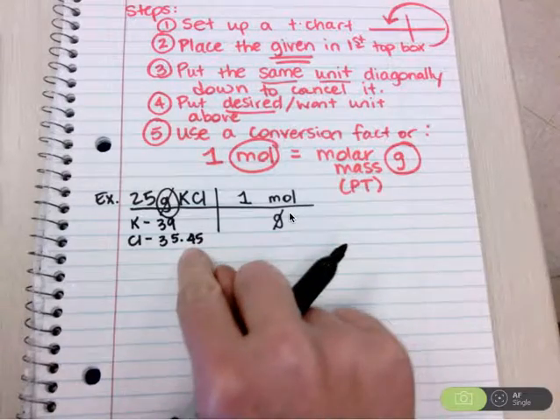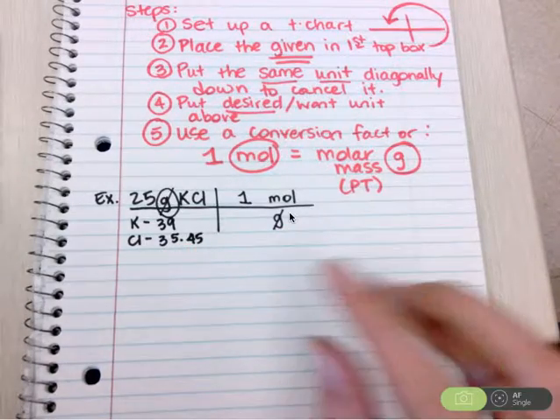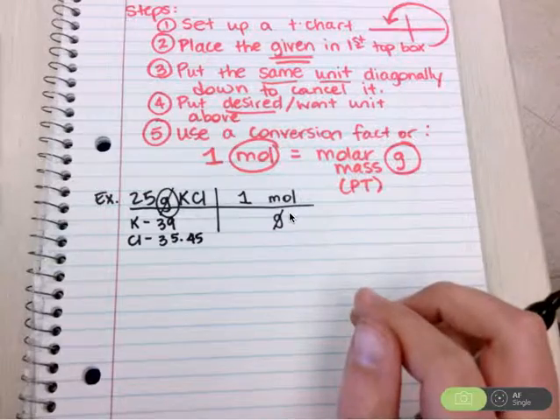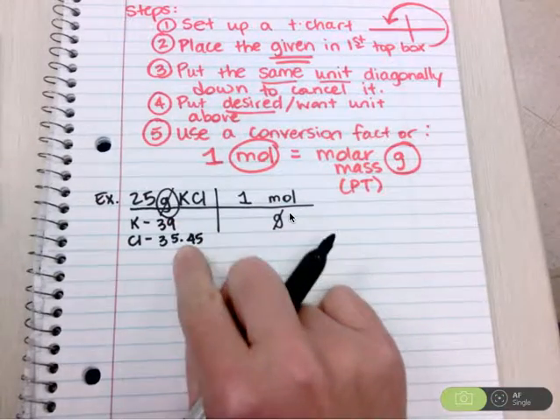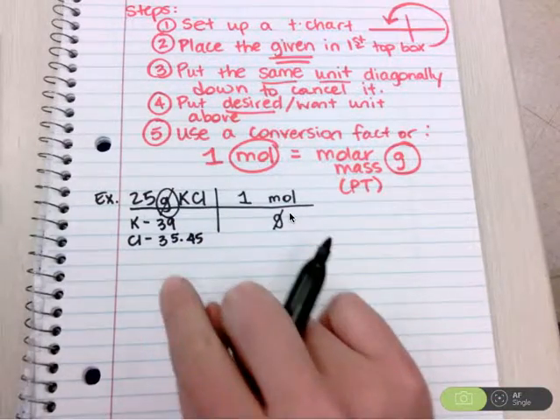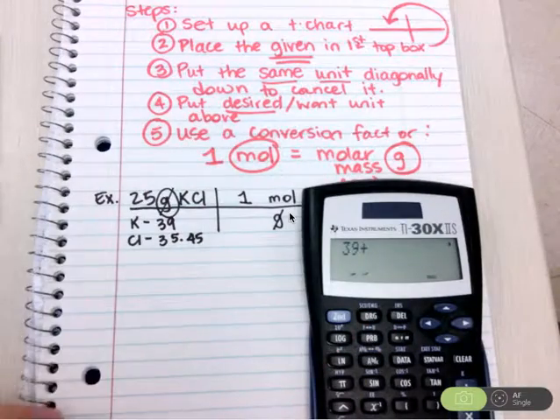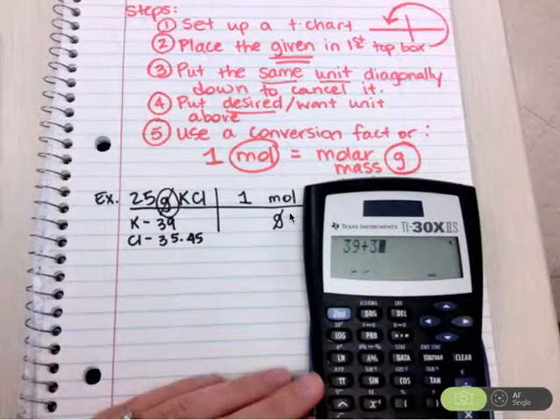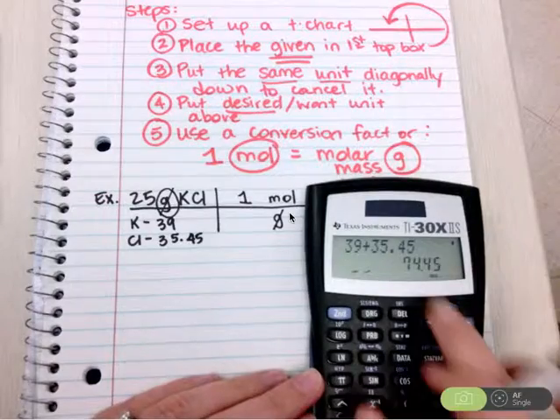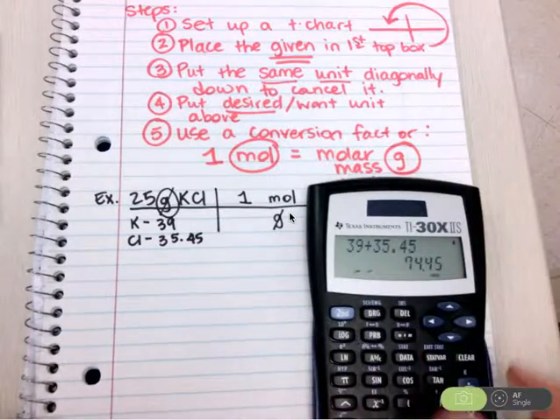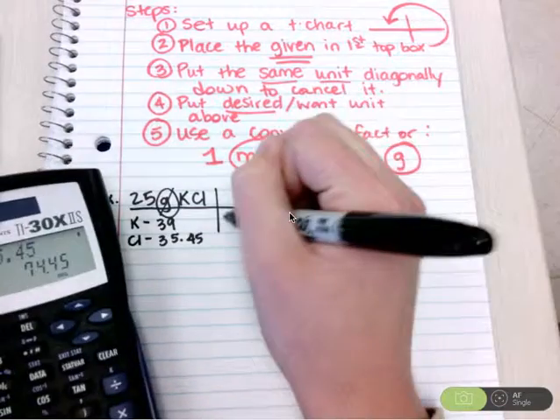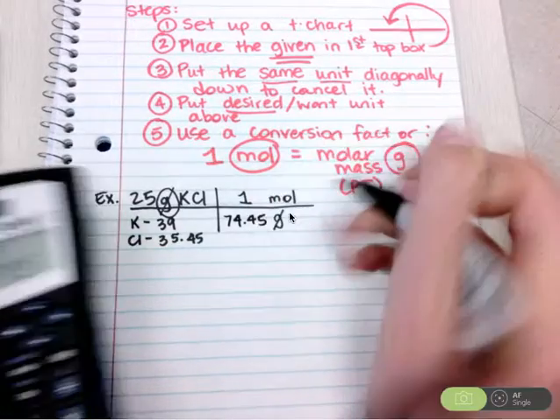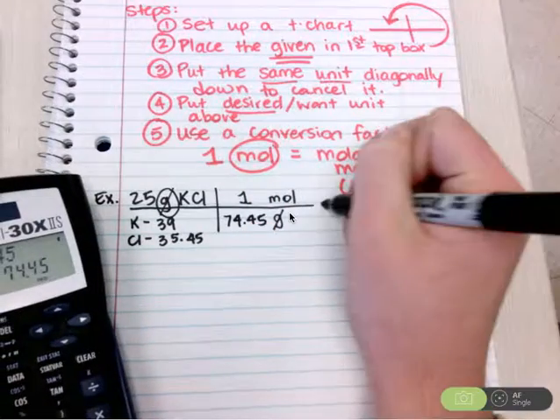Because it's in the middle, right, it's not close enough not to round, so we need to round that one. We don't need to round that one. 39 plus 35.45 gives me a molar mass of 74.45. So that goes in my molar mass area.